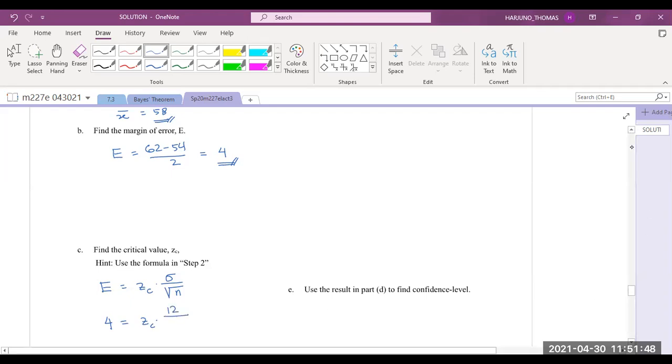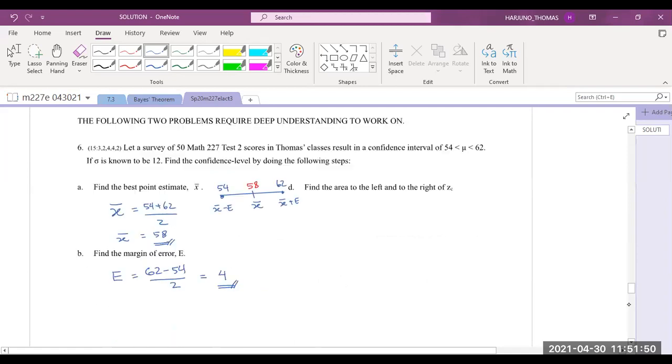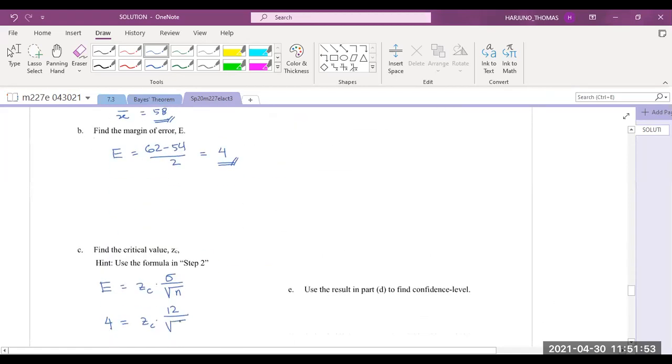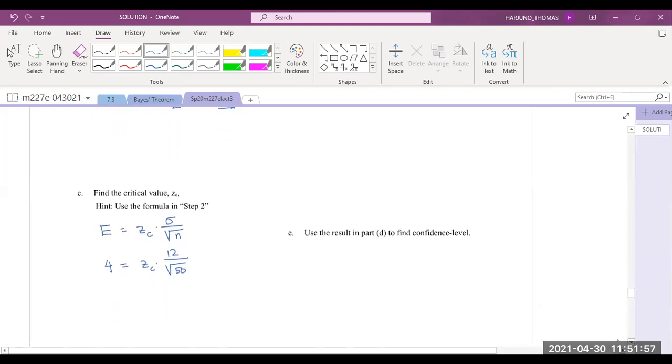And the sample size is 50, so this is square root of 50. So the critical value, z critical, will be 4 times square root of 50 over 12. I get the critical value to be 2.35702.